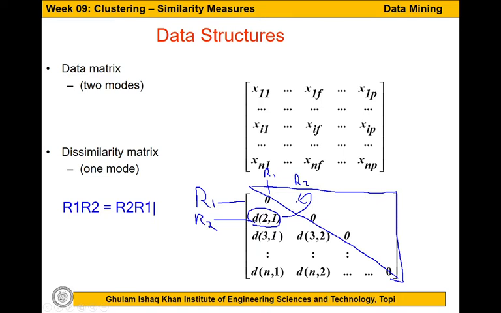It's simply like the distance between Islamabad and, for example, Topi, and the distance between Topi and Islamabad, both are the same, right? So it means that half of the matrix can be ignored, and you know that while reading this matrix we will be requiring two loops, so we can write a program a bit efficiently so that we can avoid reading a lot of values which are basically redundant.